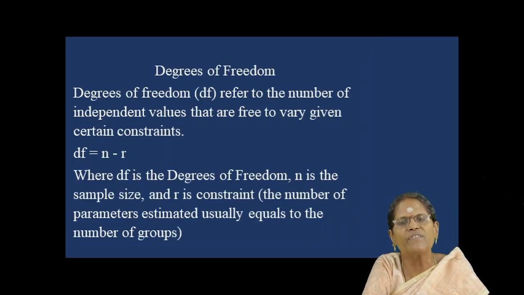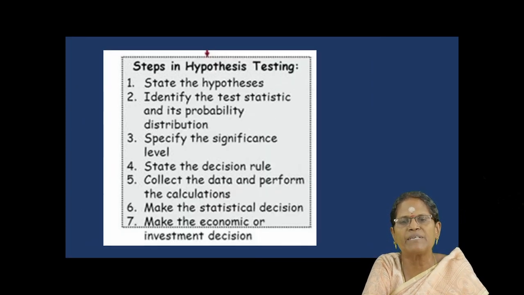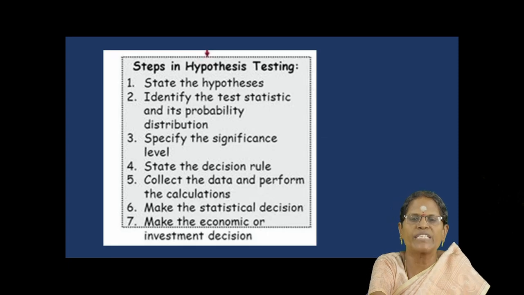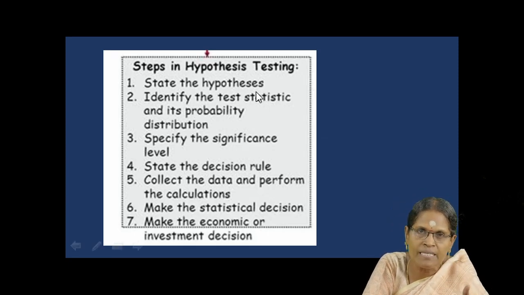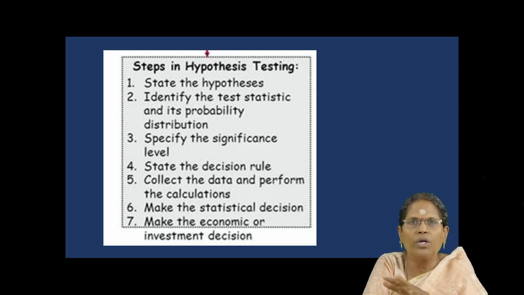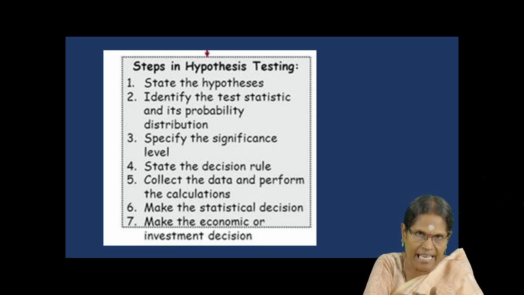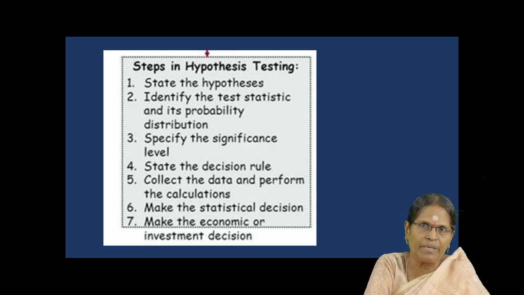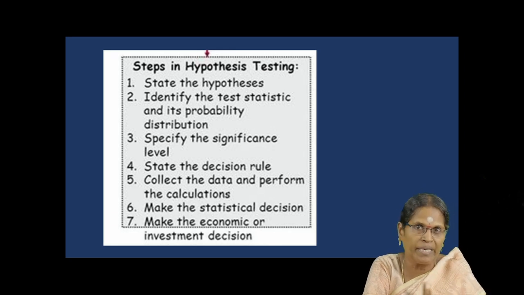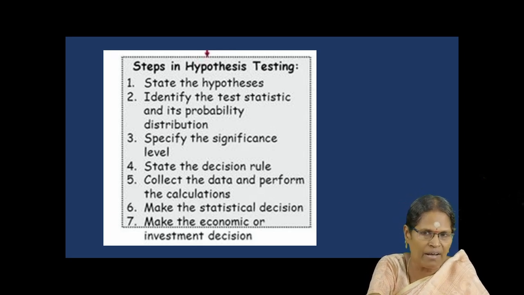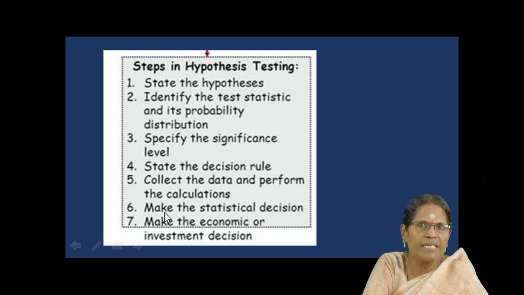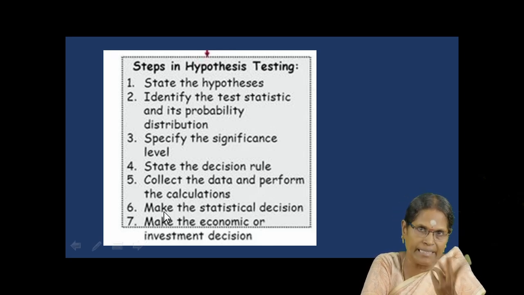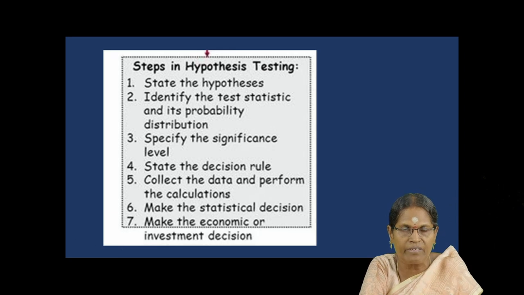So in testing of hypothesis, our first step was just to state the hypothesis. The hypothesis we framed was that there is no difference in the sales due to advertisement. So there is no improvement, there is no impact. It was our null hypothesis. And in the sixth step, we compare the table value and the calculated value.